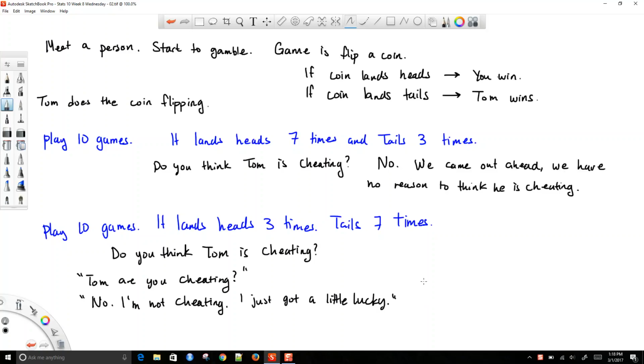Yeah, if somebody is not playing a game and they flip a coin 10 times, it's very possible for the coin to land heads 7 times out of 10, right? That could happen.